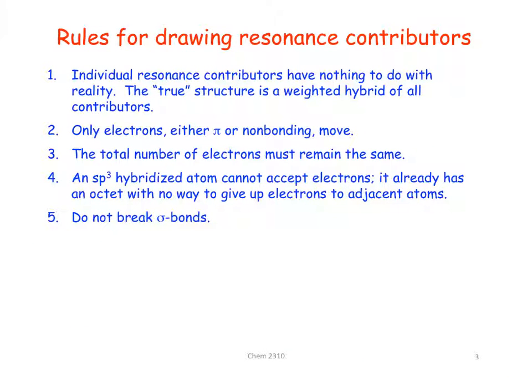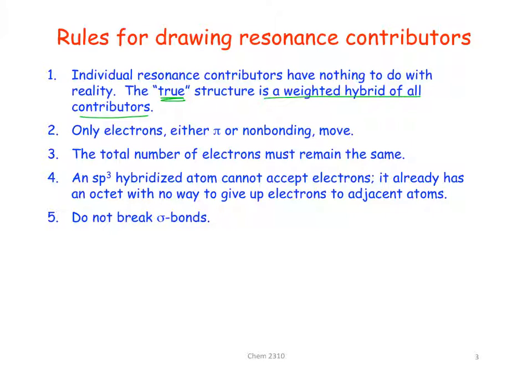Let's look at a few rules for drawing resonance contributors. What I said just a minute ago: individual resonance contributors have nothing to do with reality, so they're not the true structures. The true structure is a weighted hybrid of all the different contributors.